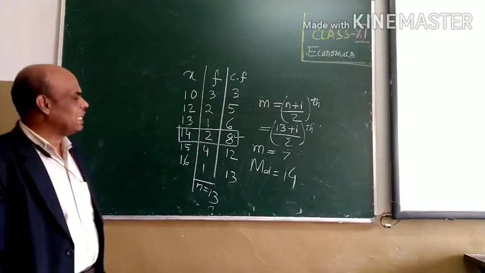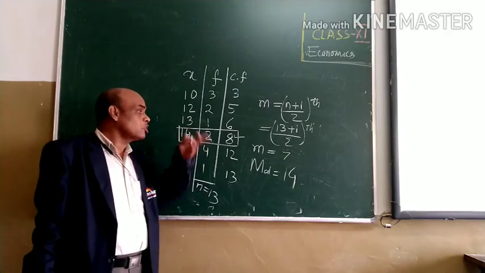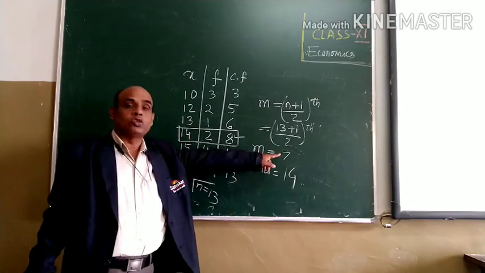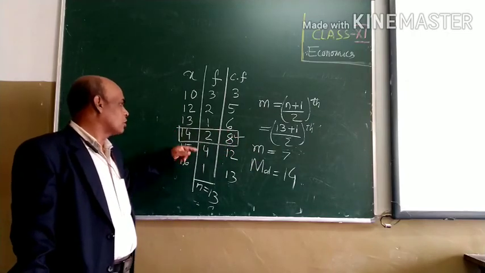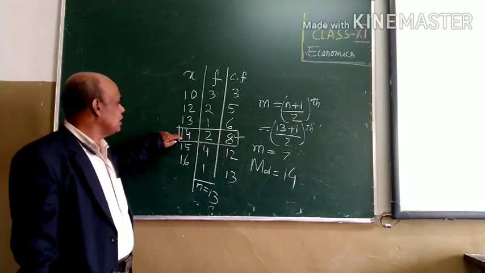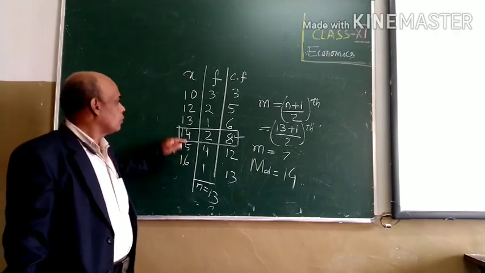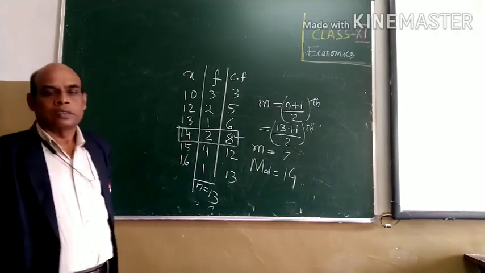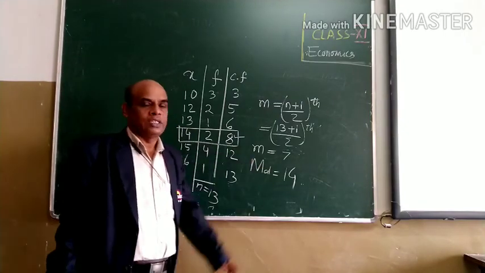Then detect the number which is just greater than 7, which is 8. Make it a box, and that number in the X column will be counted as the median. So the median will be 14.